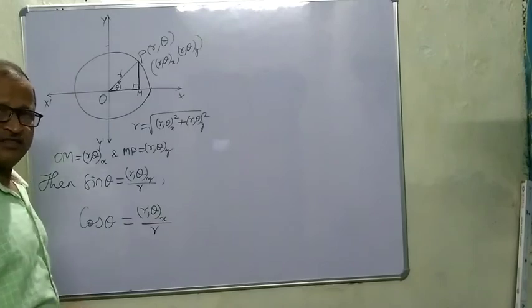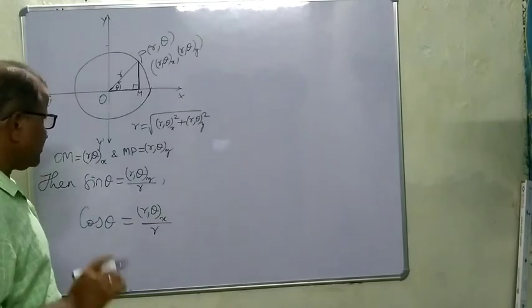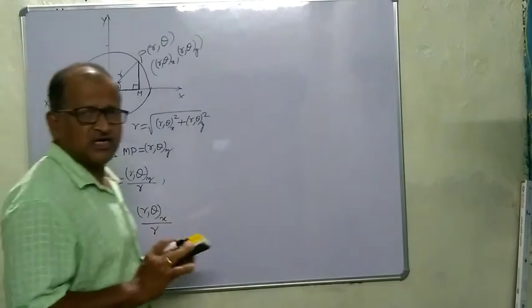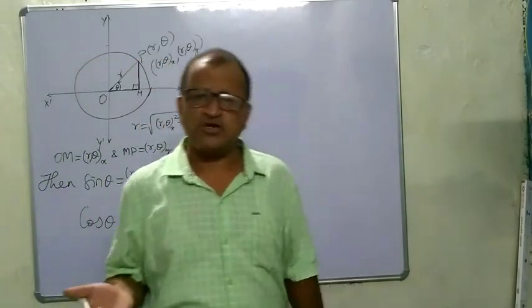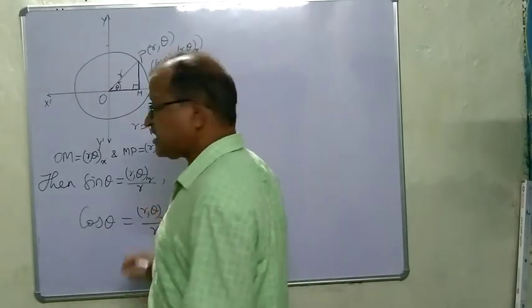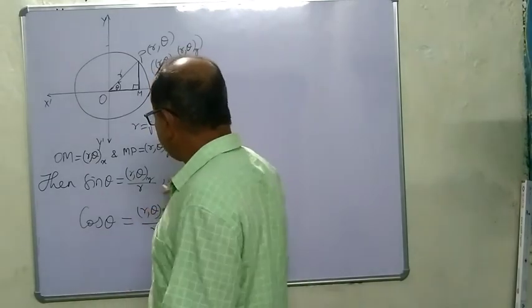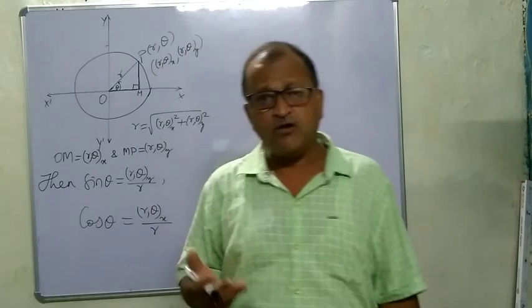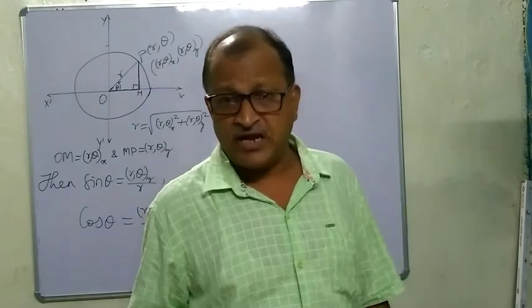Let us discuss these functions only. Next we will discuss the other functions. Sine theta is this, cos theta is this, so this is defined like this. Let us find out their domain and range.